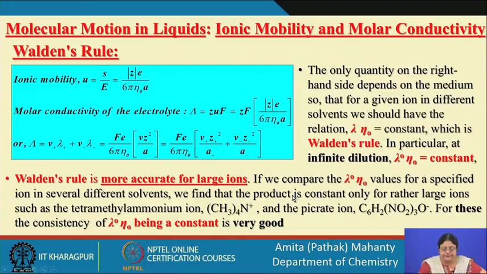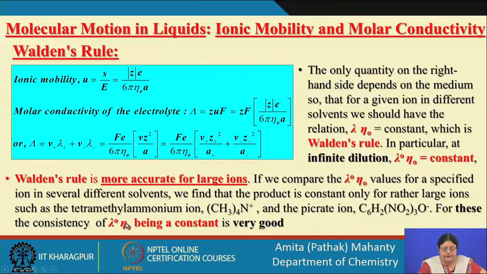We will find that this product is a constant only for large ions such as the trimethyl ammonium ion and picric acid. For these, the consistency of this being a constant is very good.